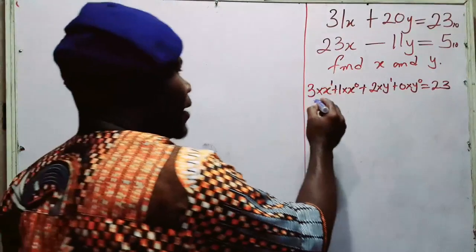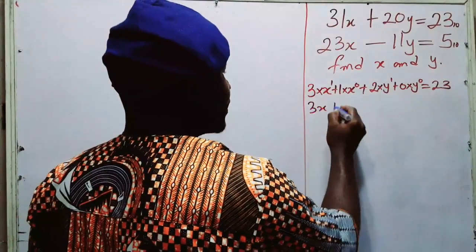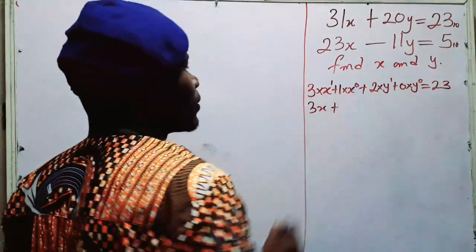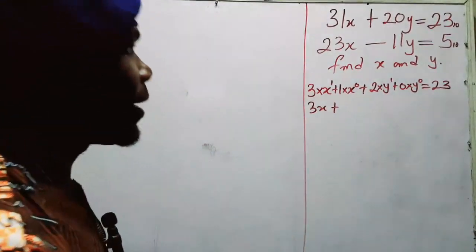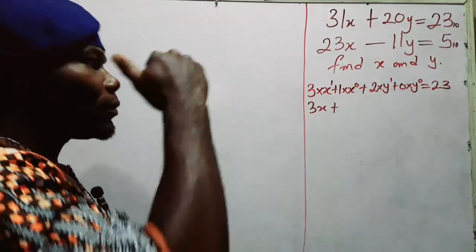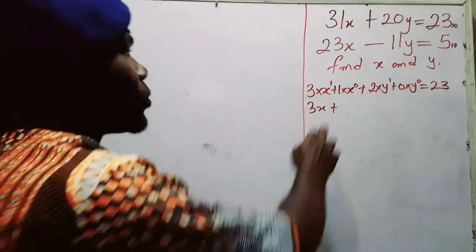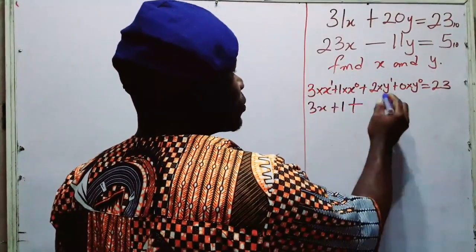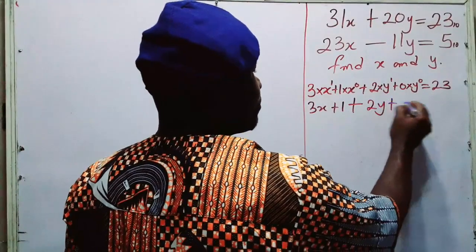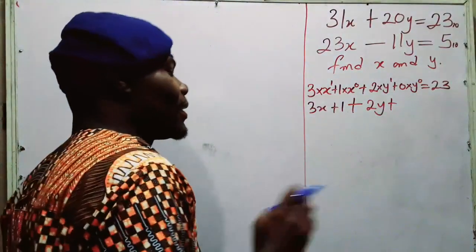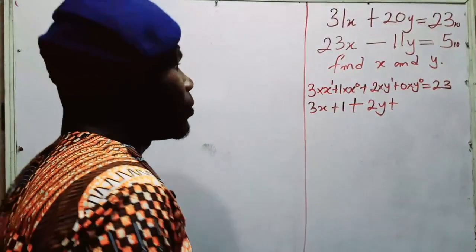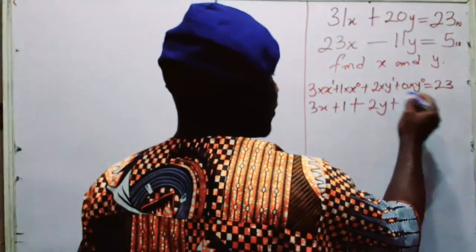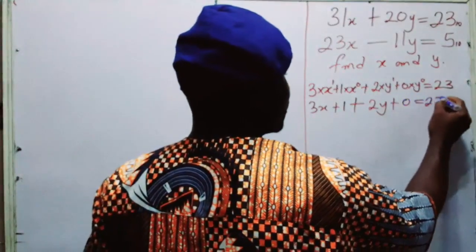So therefore we have 3x plus 1 times 1, because from the laws of indices, anything raised to power 0 is 1. So 1 times 1 will give us 1, plus 2y plus, by the time you multiply anything by 0, it surely gives you 0. So 0 is equal to 23.